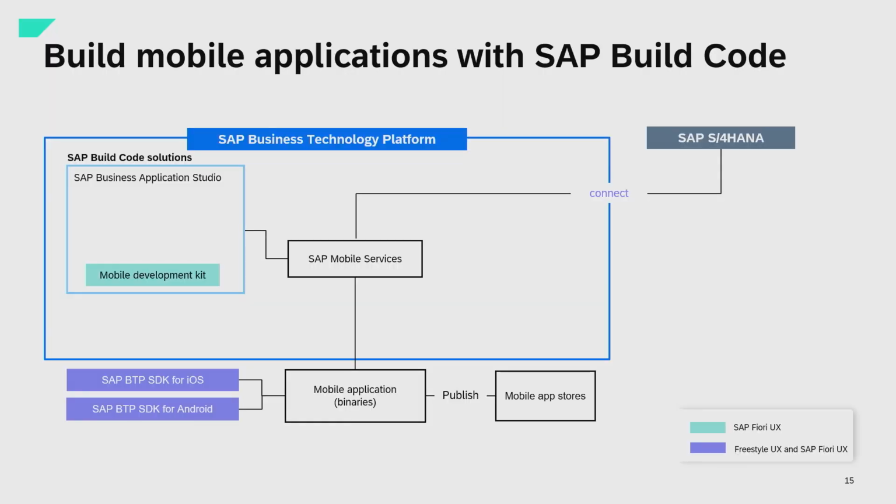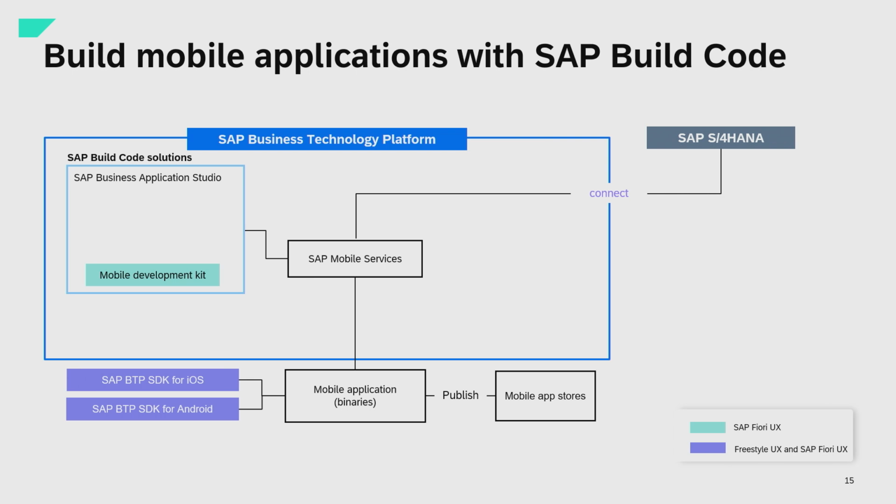Then we have another option to build mobile applications with SAP Build Code. There is an integration with SAP Mobile Services. For many customers, a mobile extension is actually their first step onto BTP. In Build Code, a seamless integration with SAP Mobile Services enables capabilities like offline data sync, push notification, and advanced app management out of the box.